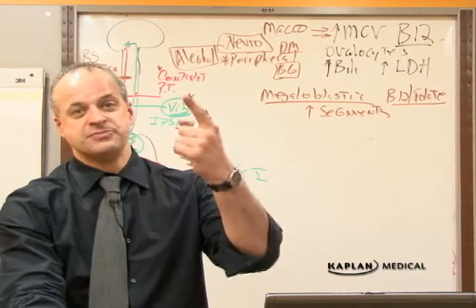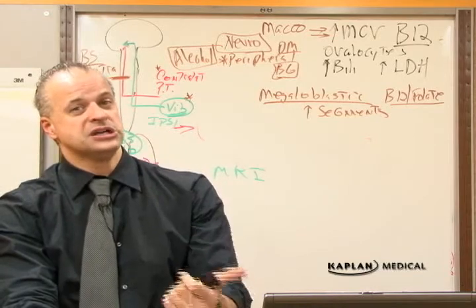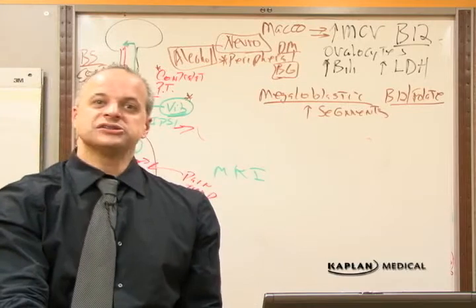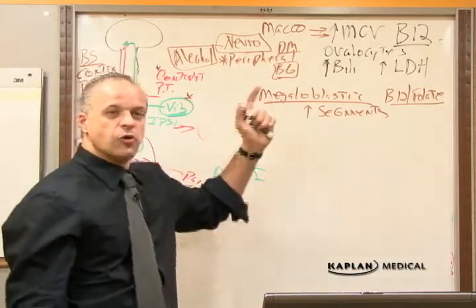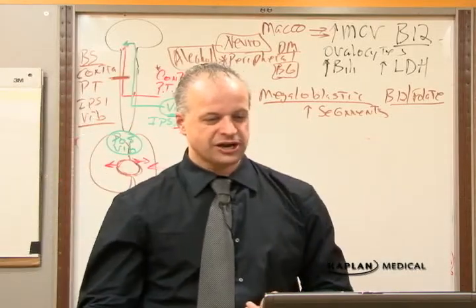What neurological manifestation can you get? Anything. Dementia, autonomic, bowel and bladder, motor, sensory, cerebellar, cognitive, and cranial nerve. Well, why are we talking about subacute combined degeneration of the cord? Let's take a look here.